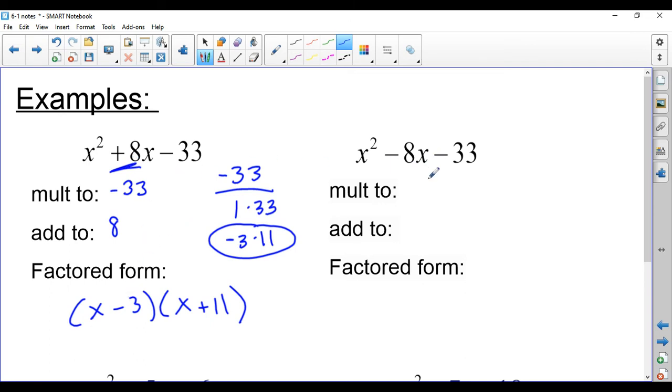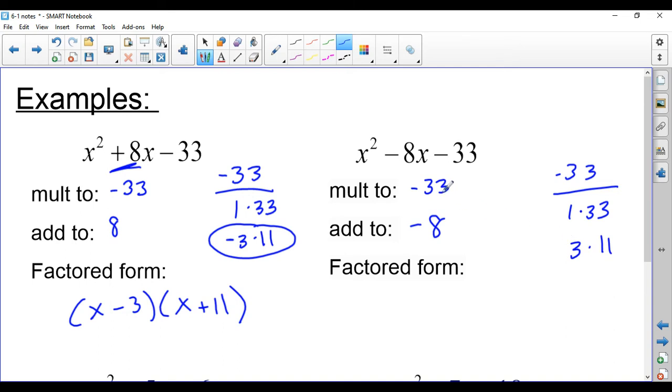So I'm going to look at an example that's very closely related. Here I have x squared minus 8x minus 33. I still need numbers that multiply to negative 33, but now they need to add up to negative 8. So again, if I list factors of 33, I only have two options.